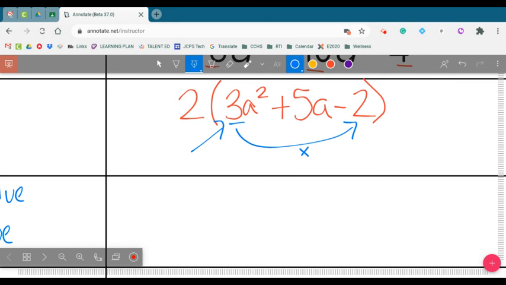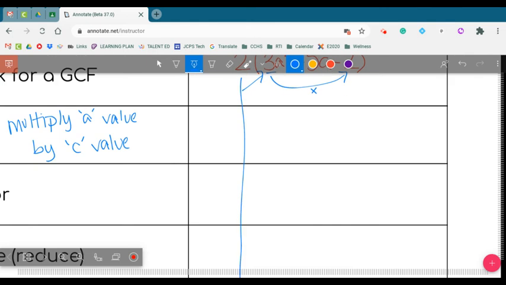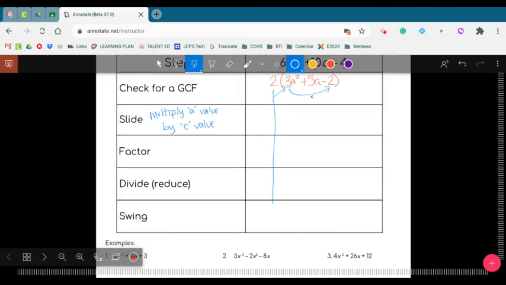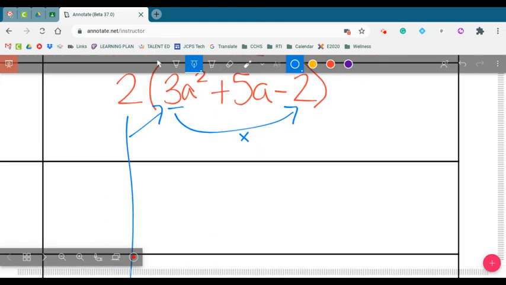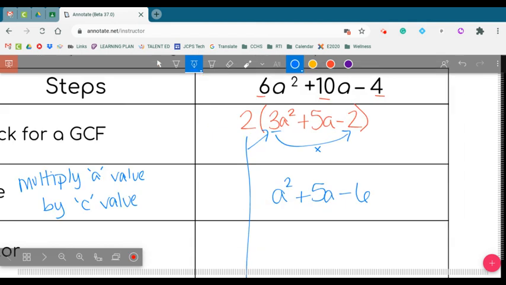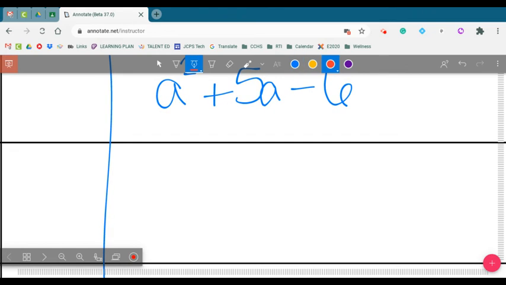I'm going to leave this 2, I'm just going to bring it down all the way to the bottom, because I know it'll be at the very end. I'm just going to deal with my parentheses now. So I'm going to be left with a squared plus 5a, and then 3 times 2 is 6, so that term is now 6. My next step, now my a value is 1, so I can factor it.